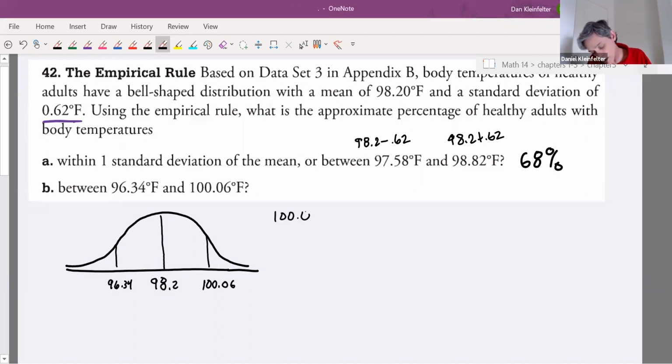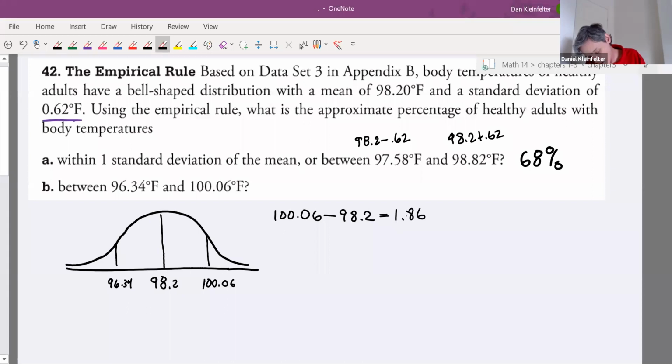So 100.06 minus 98.2 is 1.86. And then 98.2 minus 96.34 is also going to be 1.86.